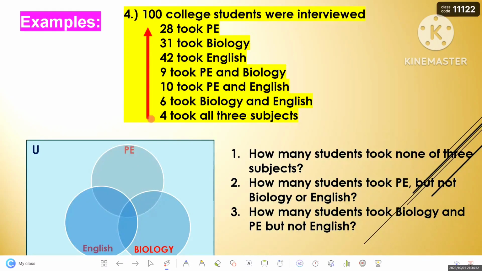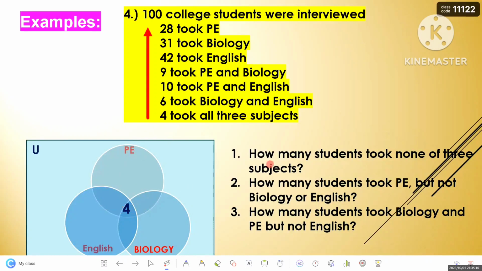Remember this? So, we have from 4 up to 28. So, let's start. 4 students took all 3 subjects. So, lahat daw sila. So, ilalagay natin yan sa gitna.